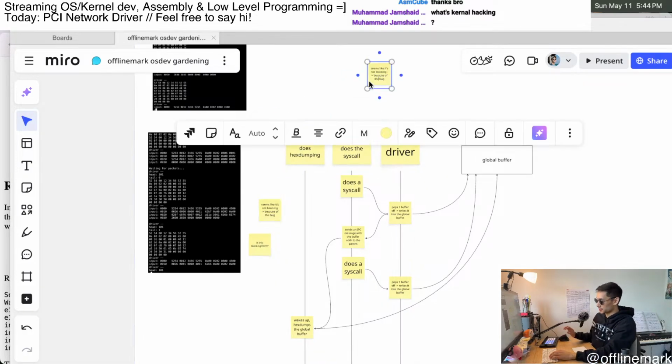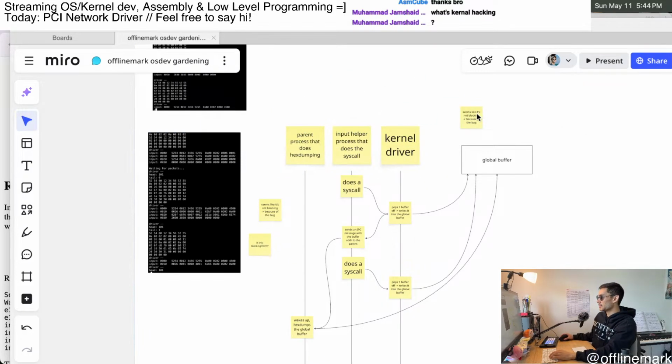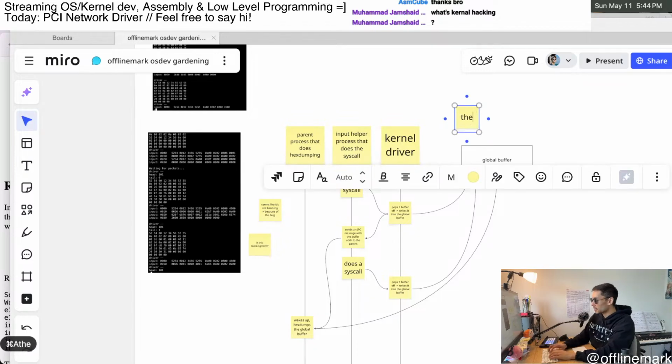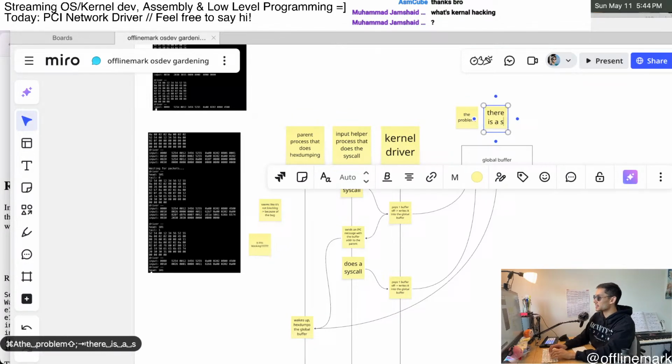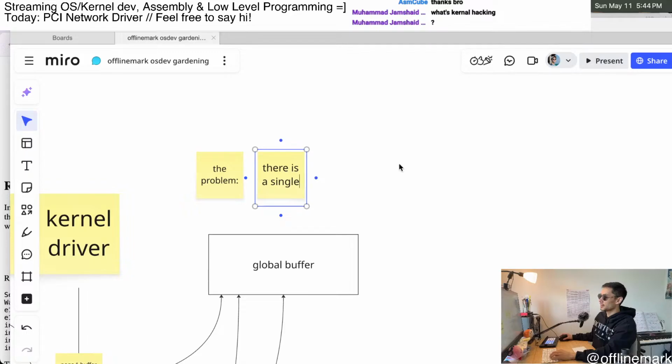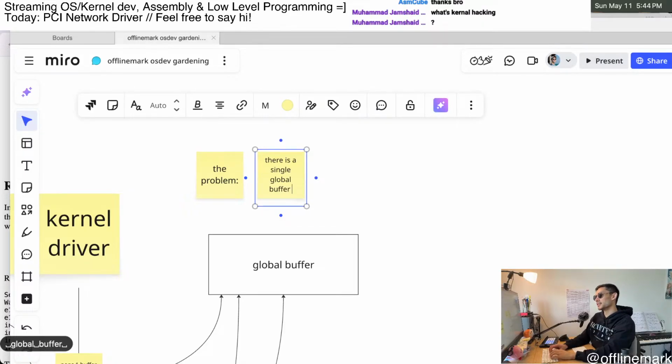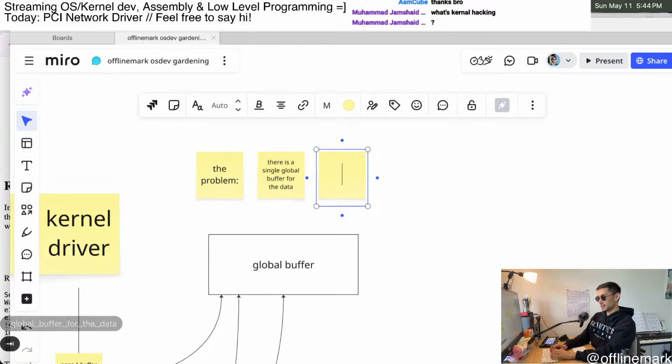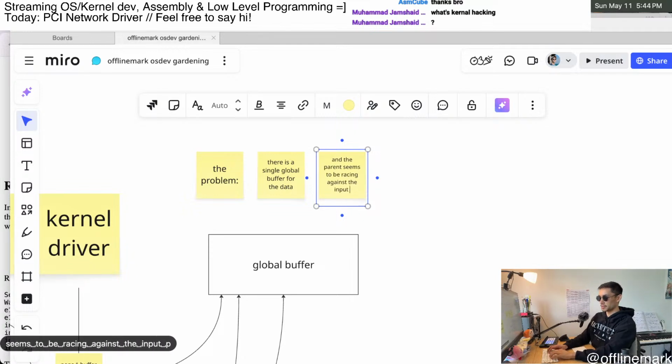So just to summarize the problem, there is a single global buffer for the data, and the parent seems to be racing against the input process.